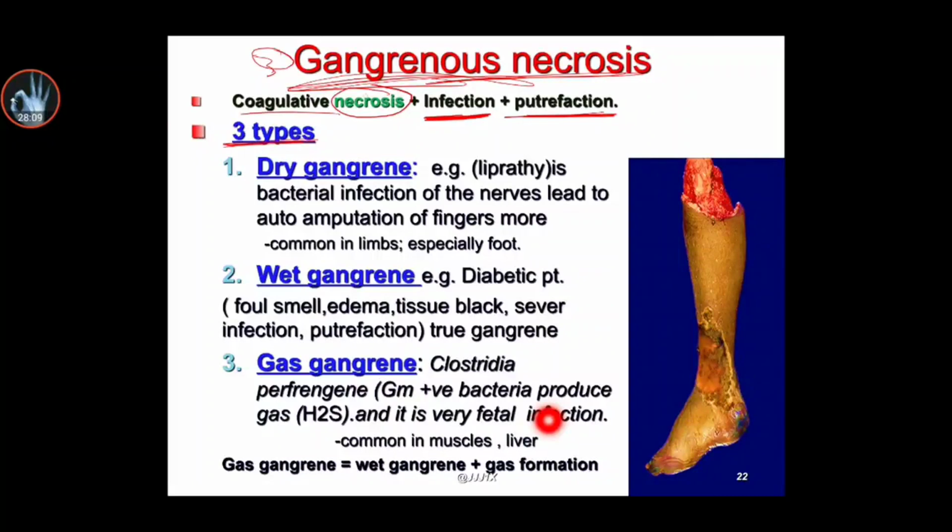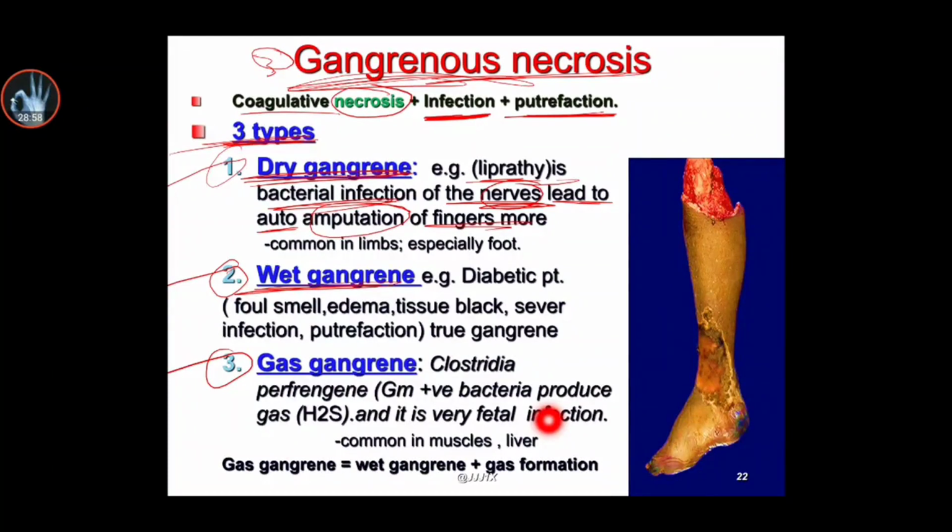We have three types of gangrenous necrosis: dry gangrene, wet gangrene, and gas gangrene. Dry gangrene, of course, for example in leprosy, a disease that occurs due to bacterial infection of the nerves, leads to auto-amputation of the fingers or more.